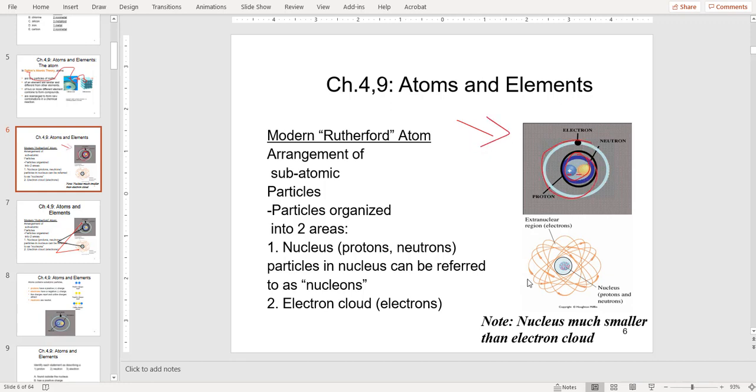Again, these are all models, simplified copies. So we have different types of models. The bottom one is an electron cloud model, because what we've discovered is electrons aren't stationary but like to move around very quickly.